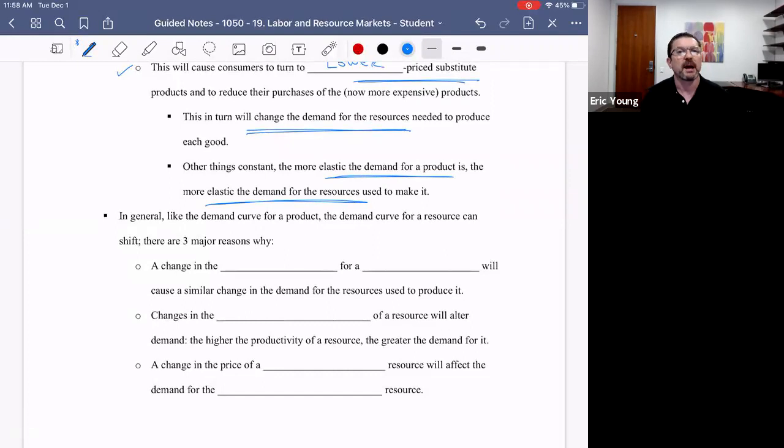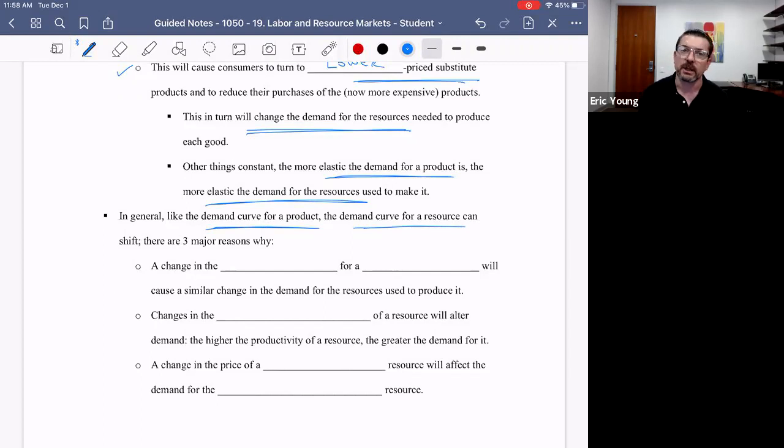The final thing to point out in this little video, to wrap up this idea of the context of input, aka resource markets, and how firms demand resources, is this. Just like the demand curve for a product, the demand curve for a resource can also shift.